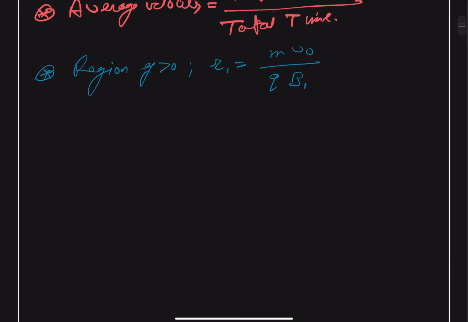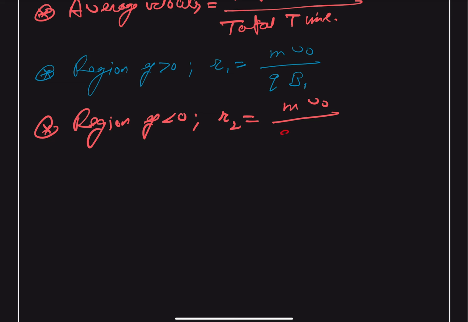Similarly, we can write for region y less than 0, the radius we said is r2, equal to m v0 divided by q B2, with magnetic field B2.